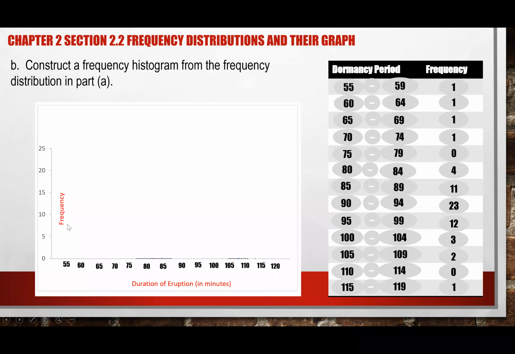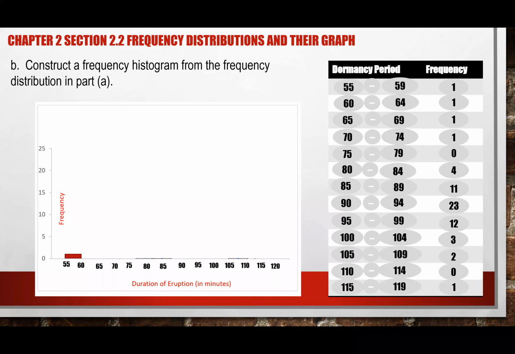So again, the highest frequency I have is 23, so I go up to 25 to make sure I include it. And instead of listing 0, 1, 2, 3, 4, 5, I just jump 5, 10, 15 to make the height of this axis a little bit shorter. But again, all you do is go in from 55 to 60.